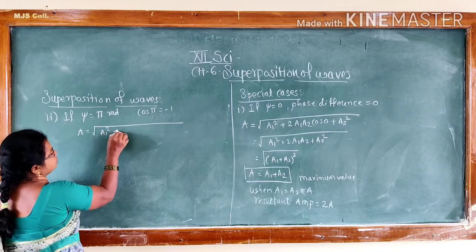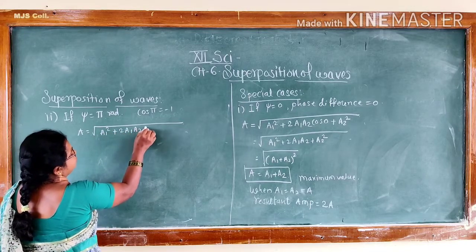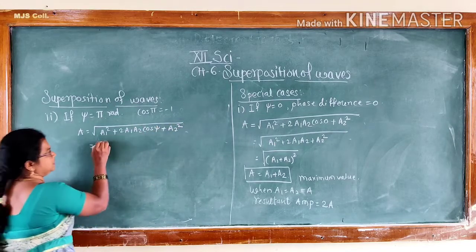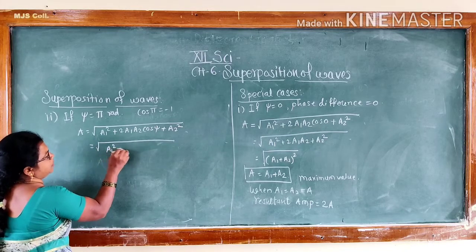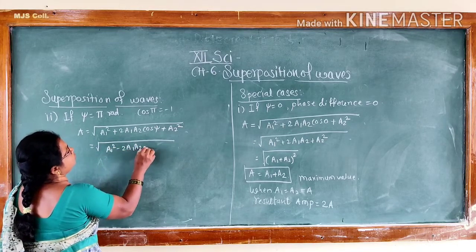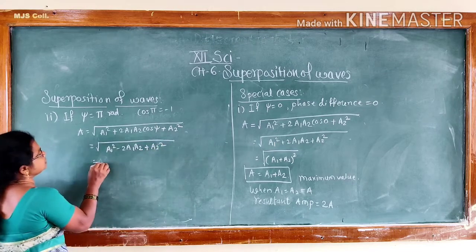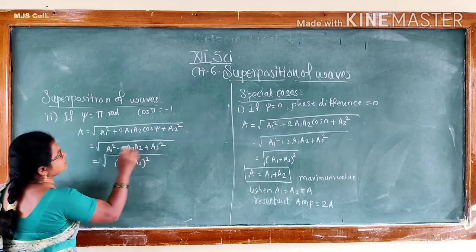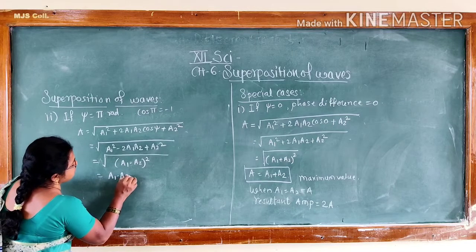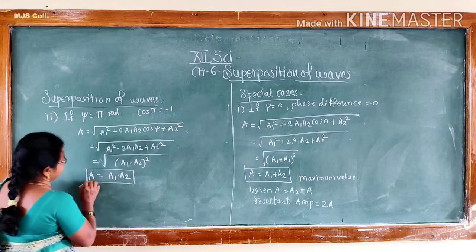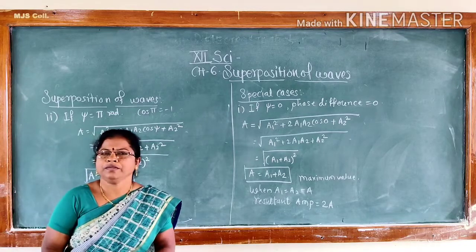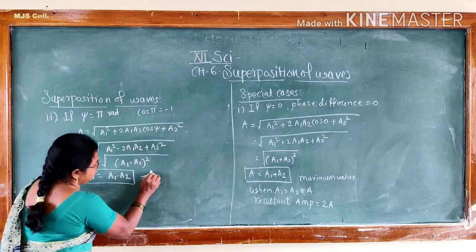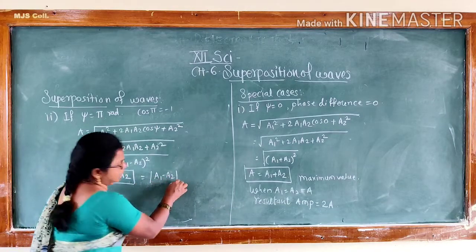Therefore, A1 square plus twice A1 A2 cos psi plus A2 square will become A1 square minus twice A1 A2 plus A2 square. That means it is equal to square root of (A1 minus A2) whole square, which is equal to A1 minus A2. Therefore, A is equal to A1 minus A2 when the phase difference is equal to pi. Okay, and this is equal to mod of A1 minus A2.